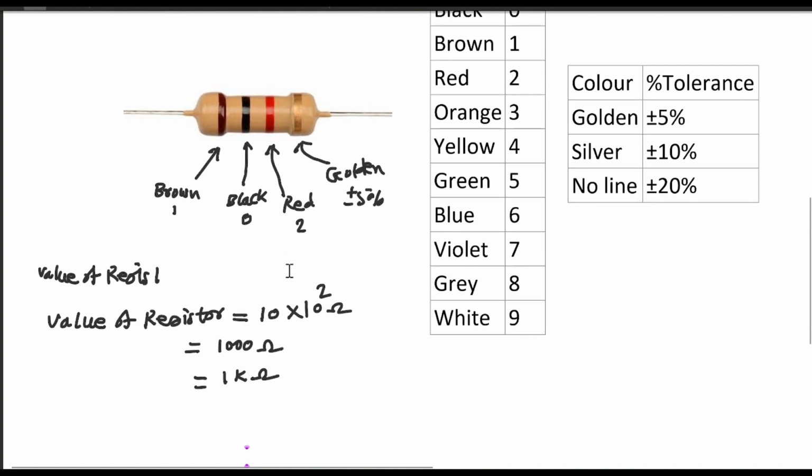Now here we have the fourth line as golden line. It means there is plus or minus 5% tolerance. So we have to find out what is 5% of 1000. 5% of 1000 is equal to 5 divided by 100 multiplied by 1000, which comes out to be 50.